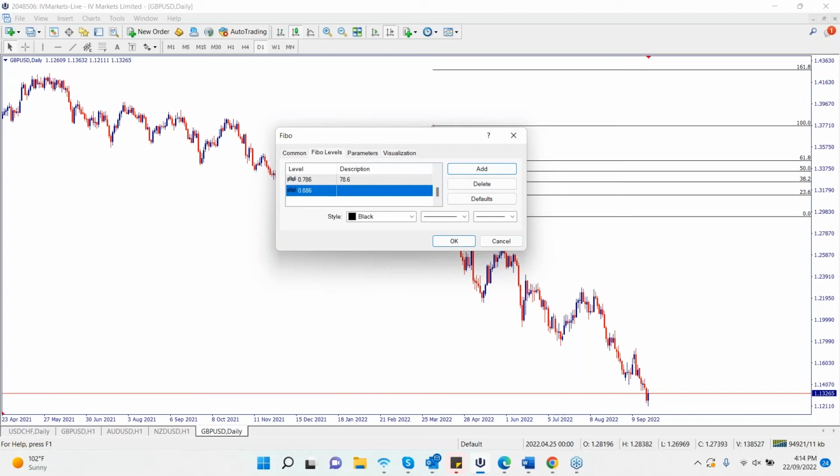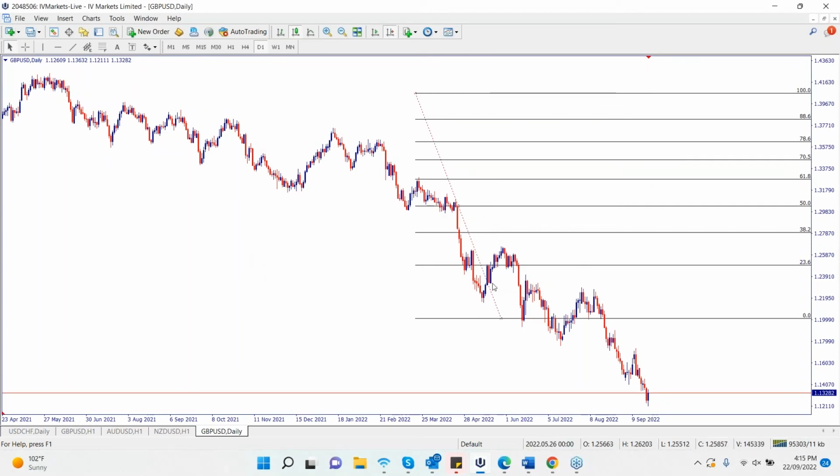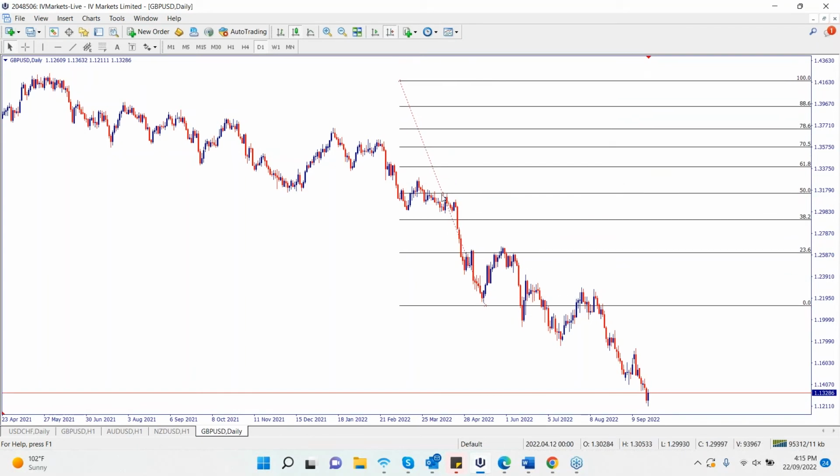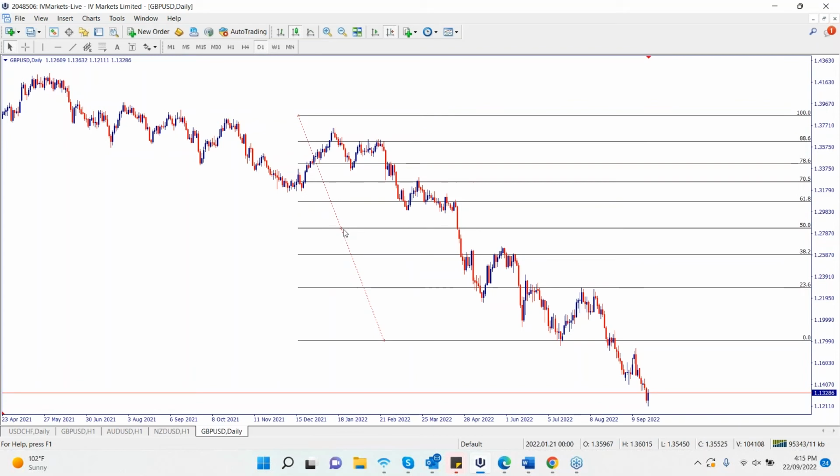So these are the levels. You just have to add these levels and then click OK. So here we have the Fibonacci tool. Now how are we going to use this tool in our analysis?